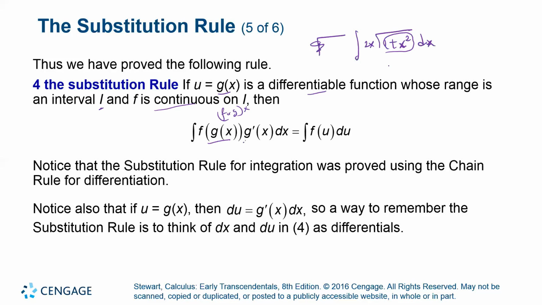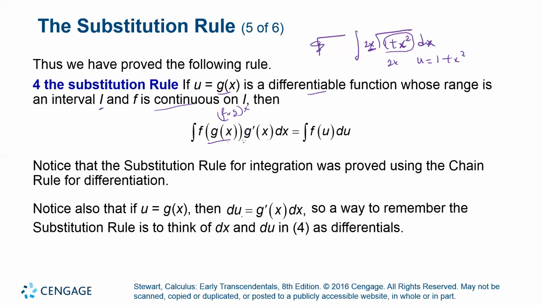If I differentiate 1 plus x squared, I get the 2x, which is right there. So the integrand is of the form f of g of x times g prime of x, and that's when I can use the substitution rule and say that u is equal to 1 plus x squared.